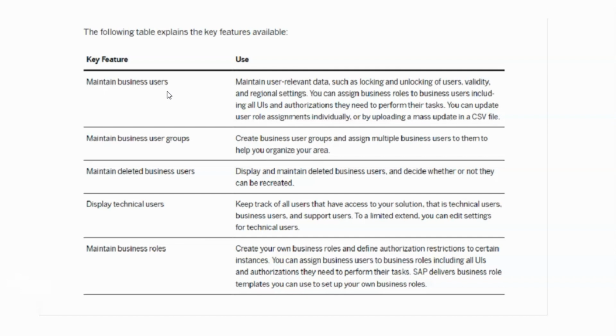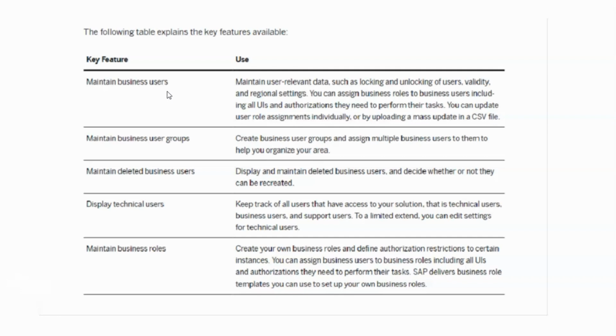What exactly is the process to maintain the business users? You can maintain user-relevant data such as locking and unlocking of users, validity and regional settings. You can assign business roles to business users, including all user interfaces and authorizations they need to perform their tasks. You can update user role assignments individually or by uploading a mass update in a CSV file.